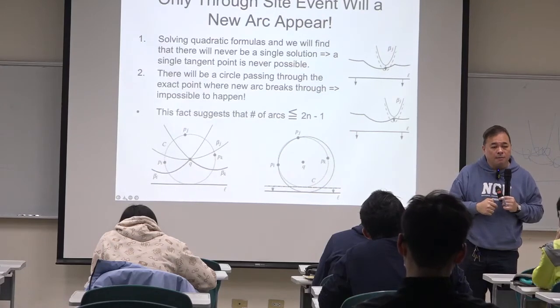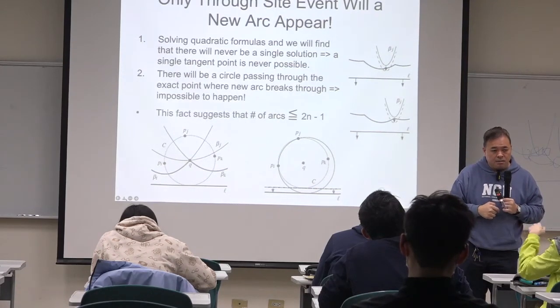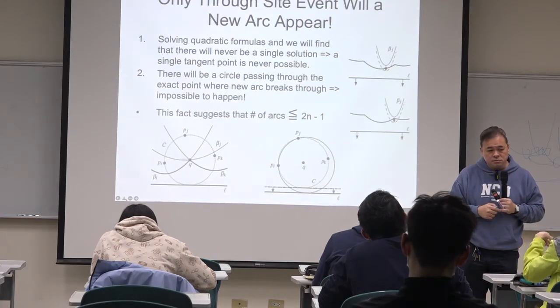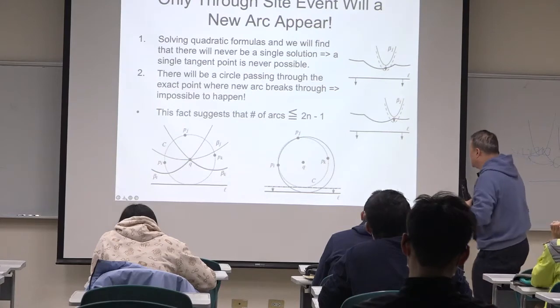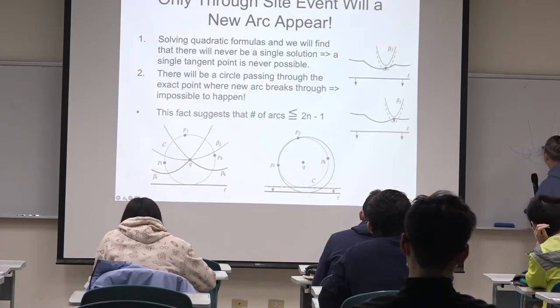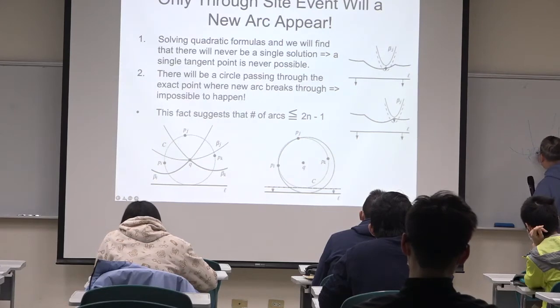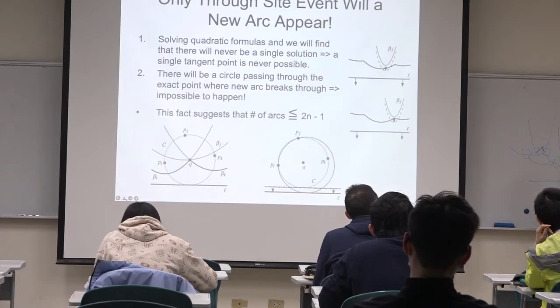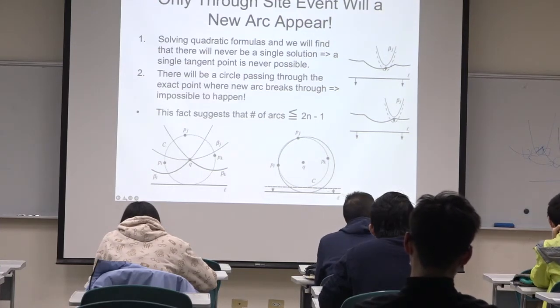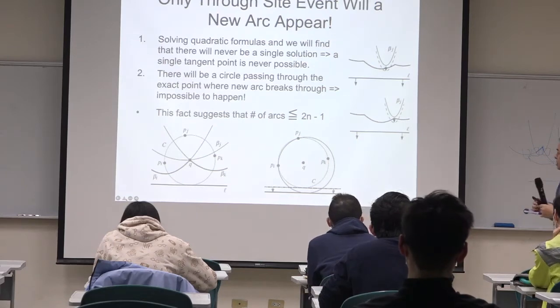The parabola breaking the original parabola will induce the edge. Yeah, exactly. The original breaks here, it will induce an edge here. No, it doesn't. The induction is like this.